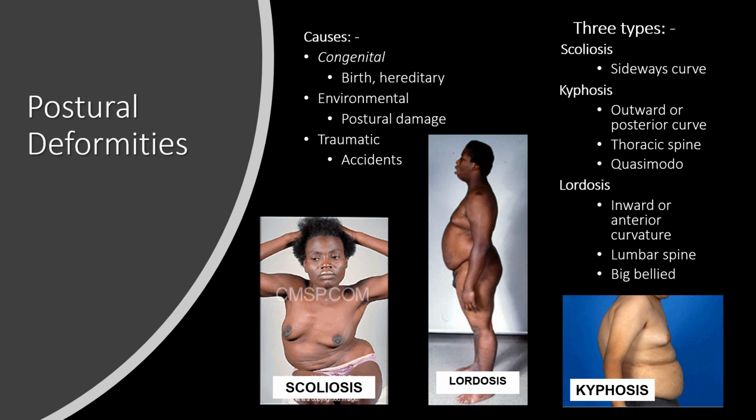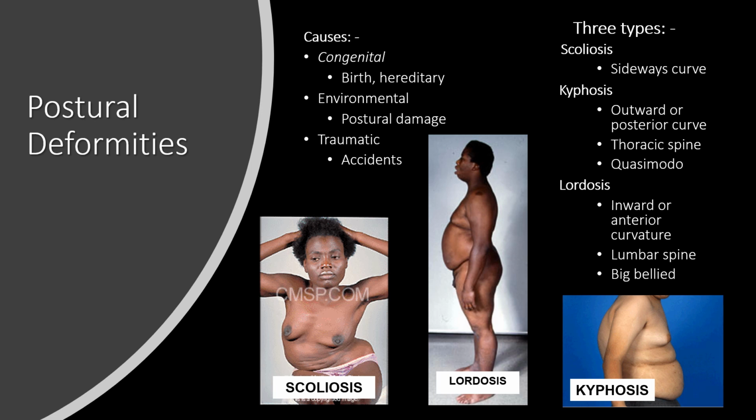So the vertebrae of the spinal column always slightly curve anteriorly, but in lordosis, either the muscles of the hip or the core muscles are pulling the vertebral column for some reason more anteriorly than it should. So it gives the appearance of having a big belly and a hollow back. That's a lordosis. So lordosis is always of the lumbar spine and it's always anterior.